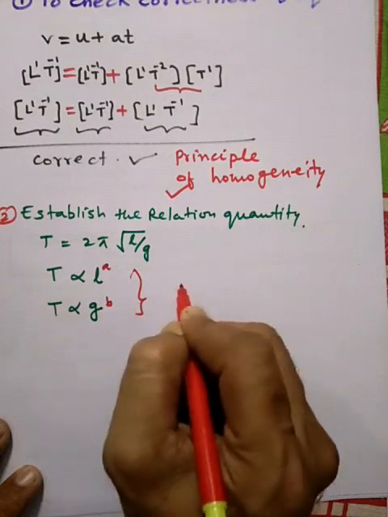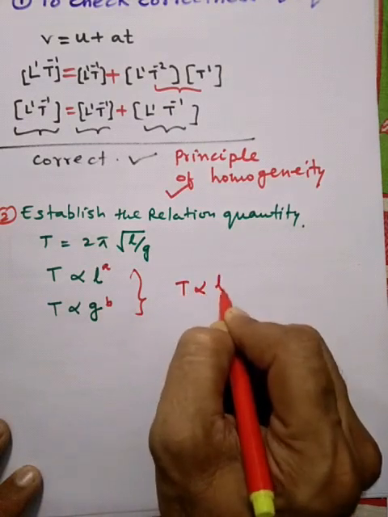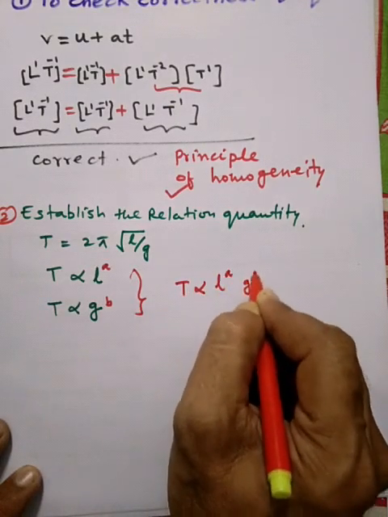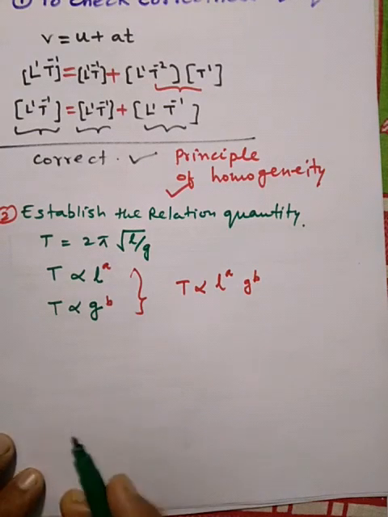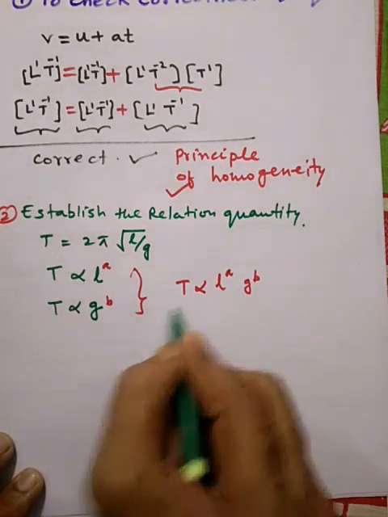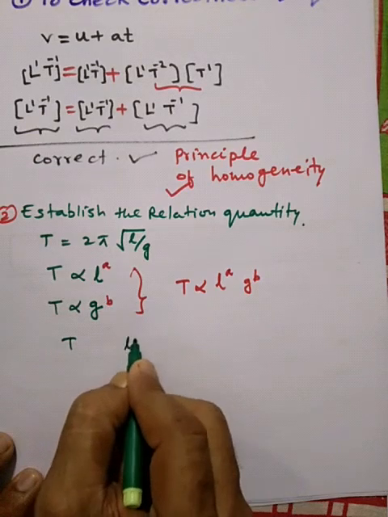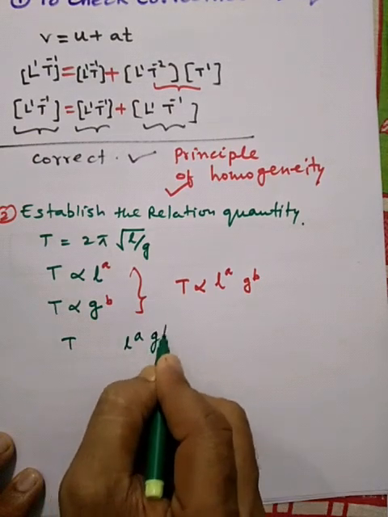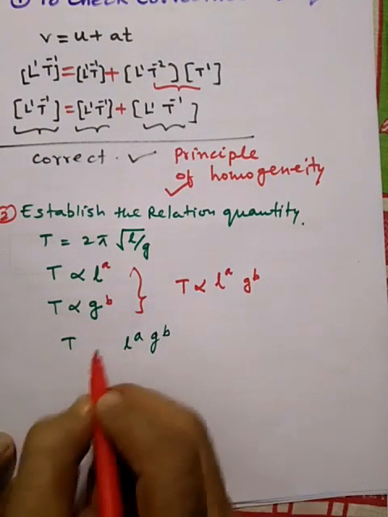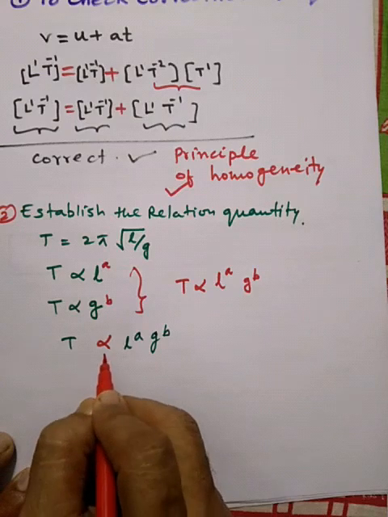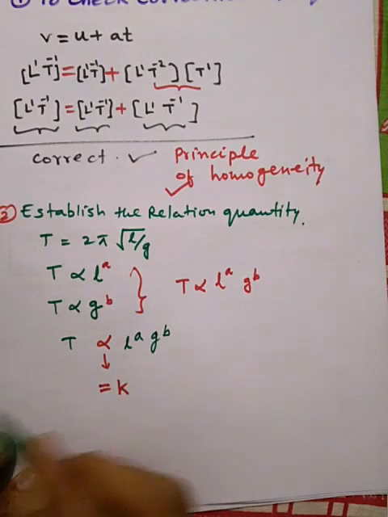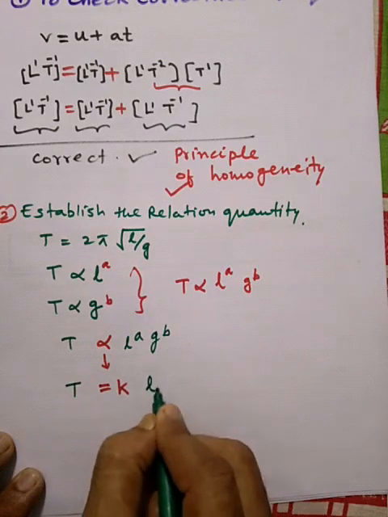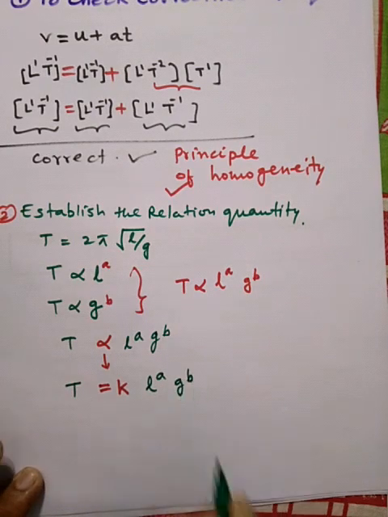Combining these two results, T is directly proportional to L raised to power a and g raised to power b. This proportionality sign is replaced by equal to and a constant: T equals k, L raised to power a, g raised to power b.